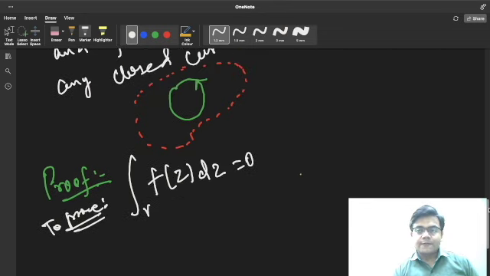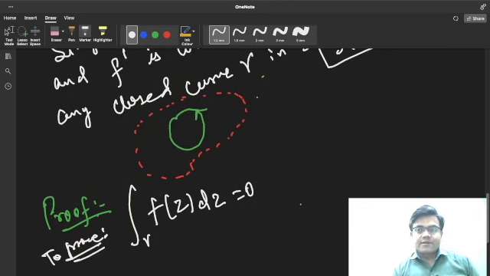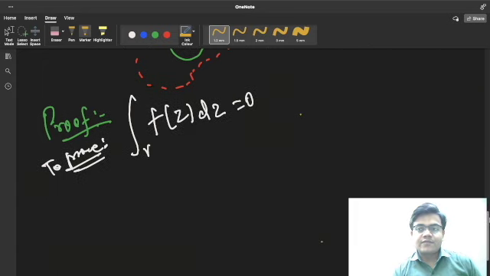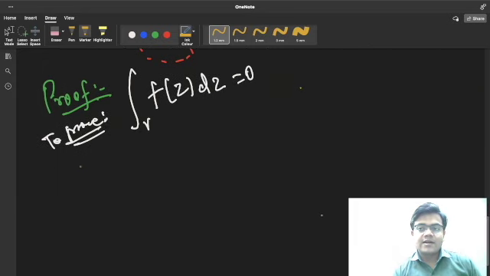You have a simply connected domain, and this is any closed curve gamma inside it, and you have to prove that this integral over gamma is going to become 0. So for this, what shall we do? We know that z is equal to x plus iy, so certainly your dz will be dx plus i dy.